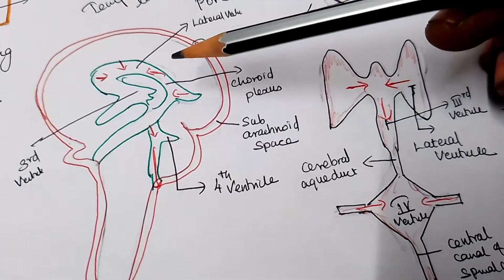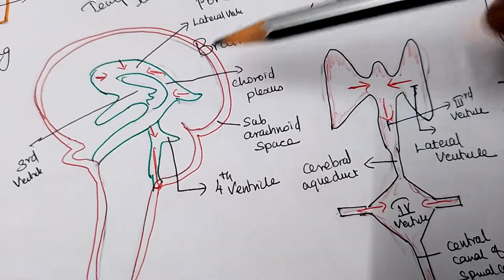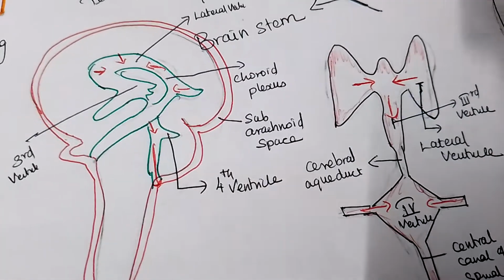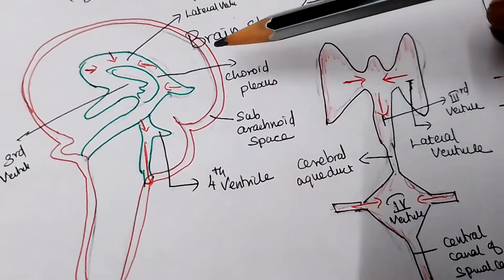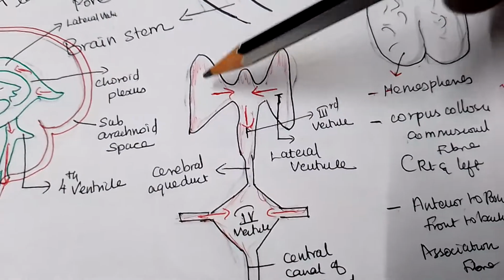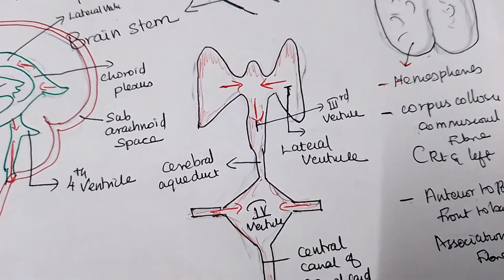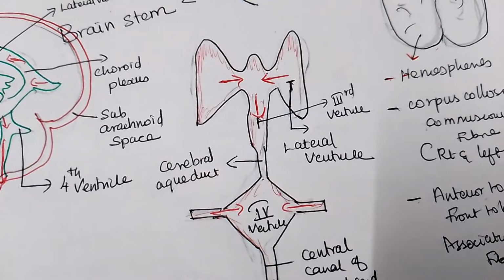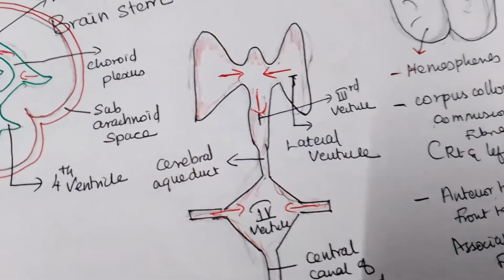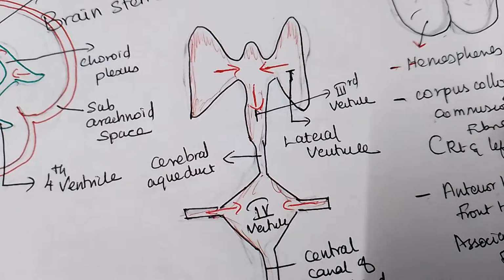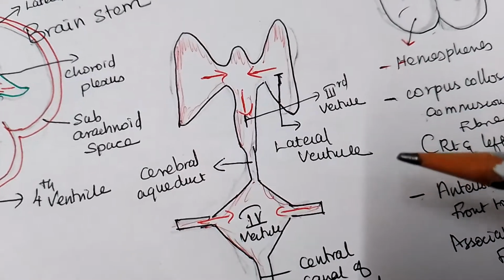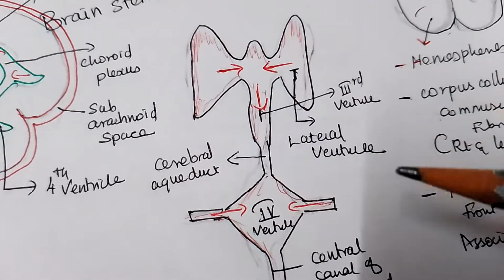The third ventricle is a little narrow structure, and we have two lateral ventricles, one narrow third ventricle, and then the fourth ventricle. The third ventricle is narrow, like a funnel, and the fourth ventricle is like a diamond.